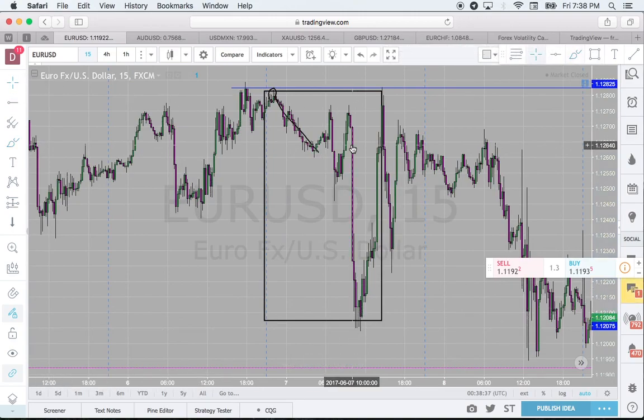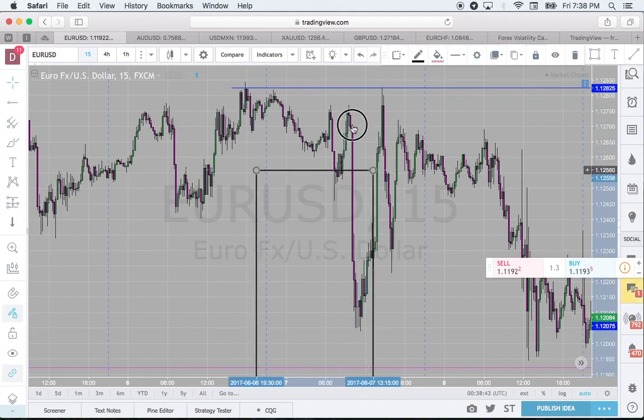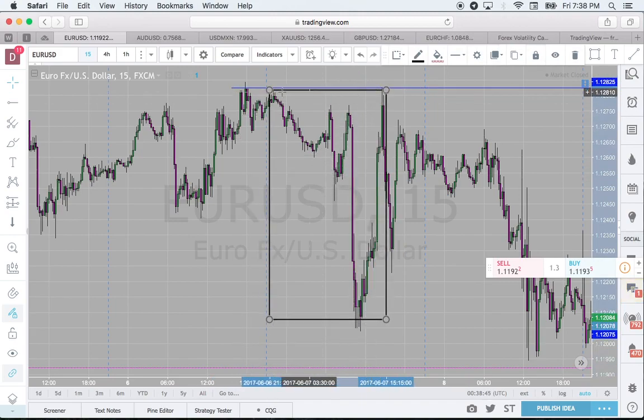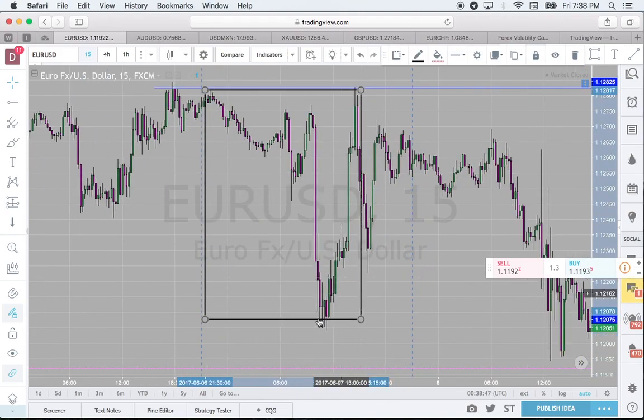Or if we didn't catch this, we could just use our box, put it at the high of the day, and see all these spikes happening at the low that has been created right here, and the low correlates with the daily range box.